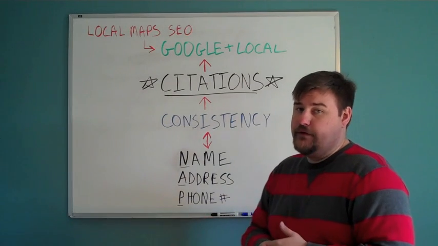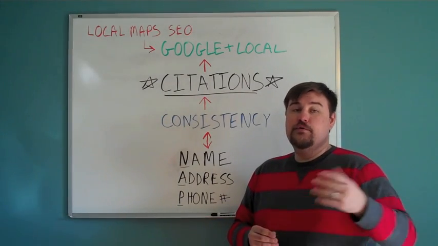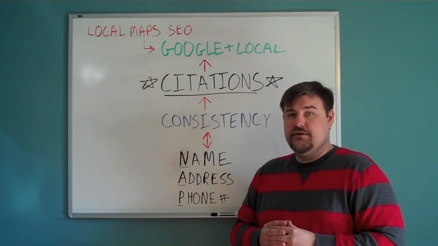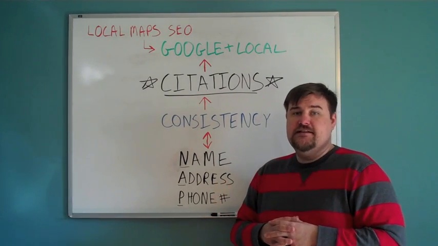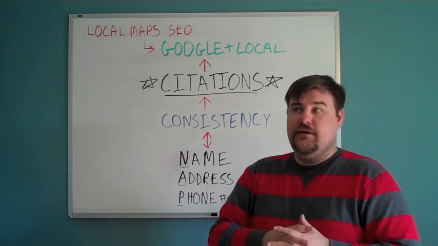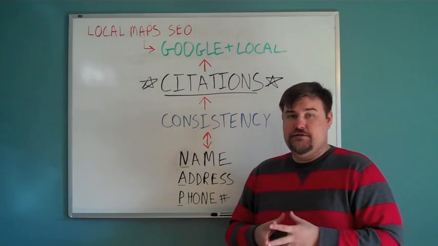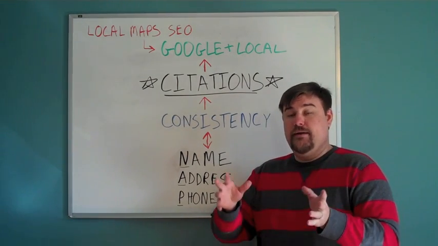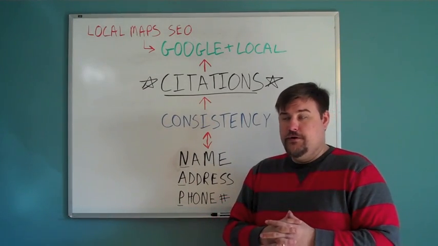And again, a phone number, the same thing. I've had clients who've moved from one city to another, and they had a pretty decent citation profile already, but when they moved from one city to another, they may have changed their phone number in a couple of the citations, or they may have had the old phone number that was a forwarding number to the new phone number.